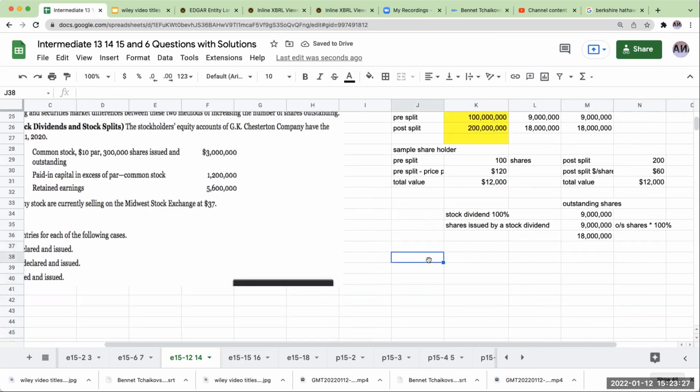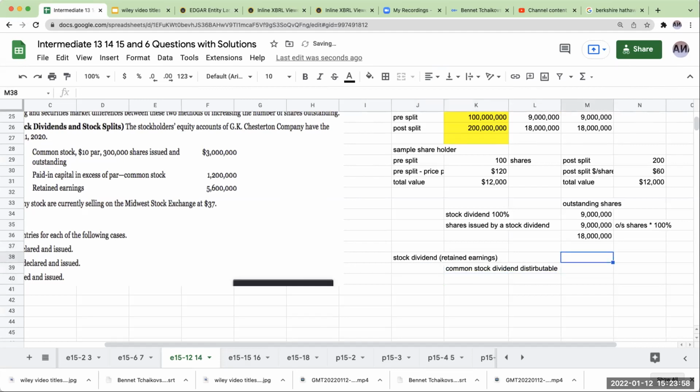Now, when I do a stock dividend that's more than 25%, I'm going to go ahead and debit stock dividend or retained earnings, and then credit common stock dividend distributable.